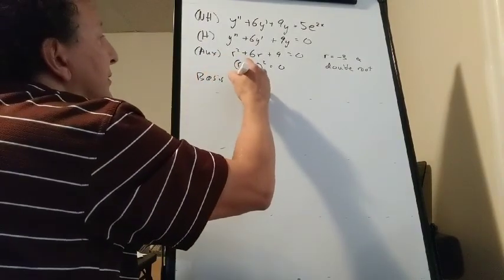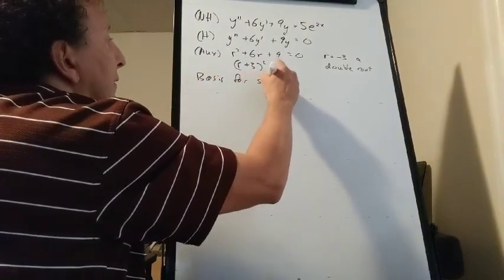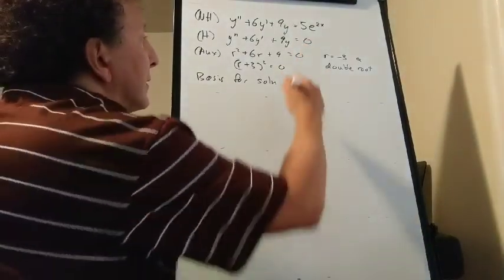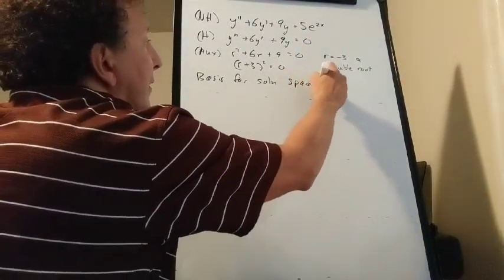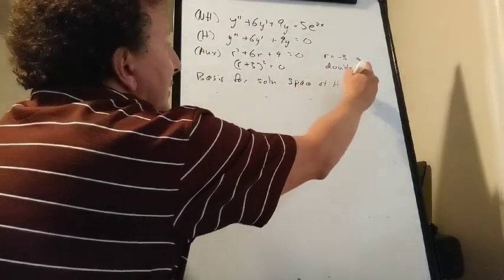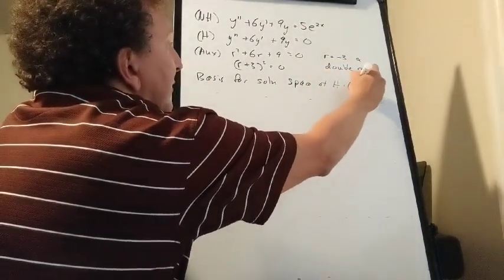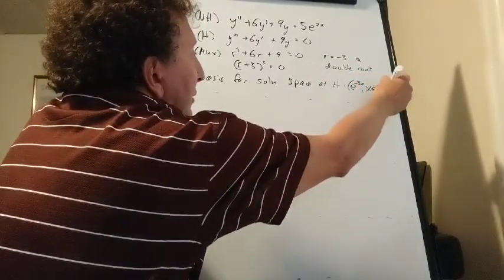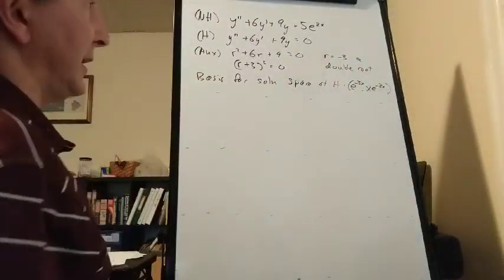And our basis for the solution space of the homogeneous equation is e to the -3x and x e to the -3x, because when we have a double root, the second time we multiply by x.